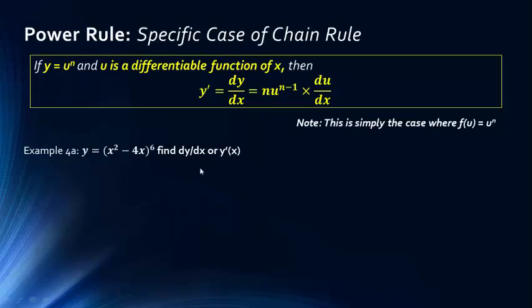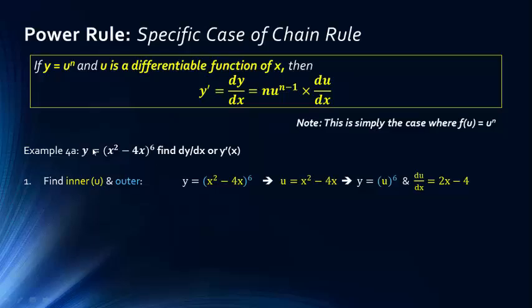So again here, the more I do of these, the easier they get. I pull the 6 down front, I multiply what's inside and drop the exponent by 1, so I get 6 (x squared minus 4x) to the 5th power, and then I take the derivative of what's inside.